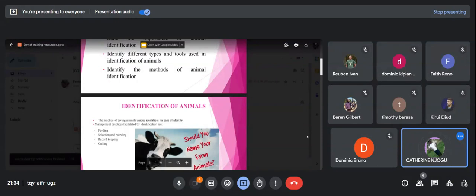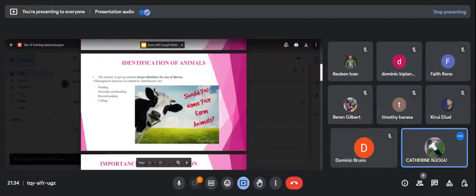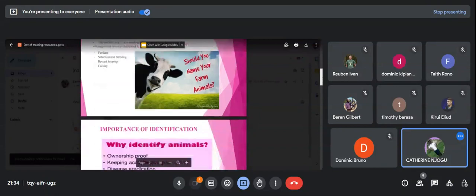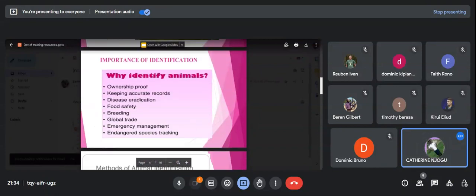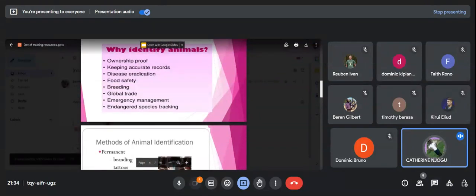So some of the notes I have, we have ownership proof. By saying ownership proof, I know all of us know what we mean by that. You can identify your animal by giving it a name or something that will prove that it's yours.